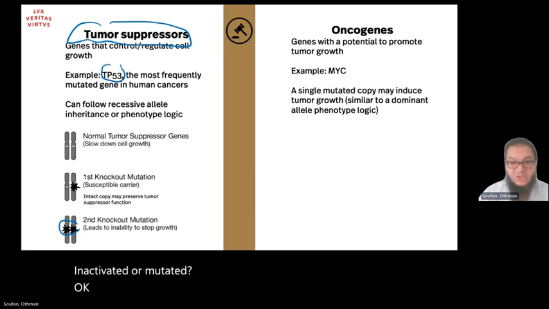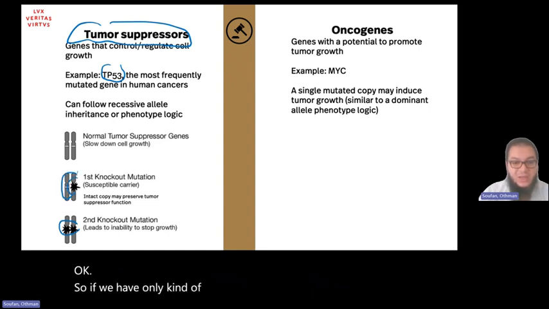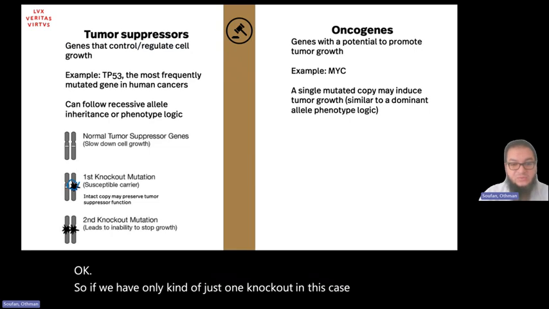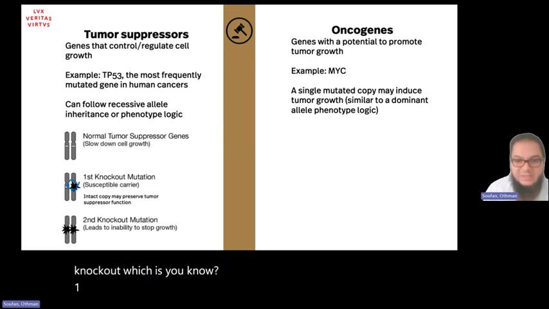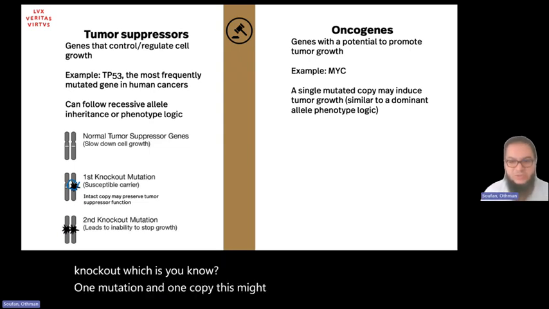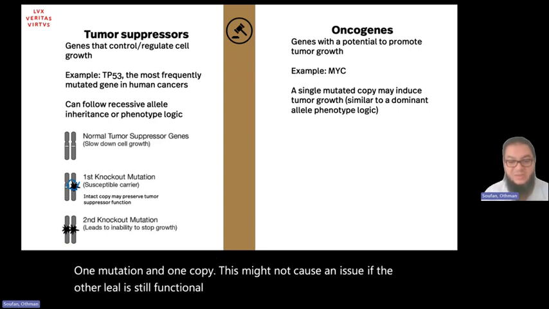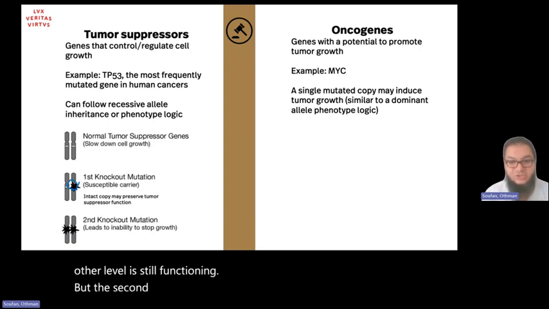If we have just one knockout, one mutation in one copy, this might not cause an issue if the other allele is still functional. But the second mutation is going to lead to the loss of function.